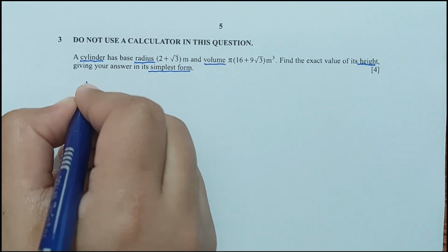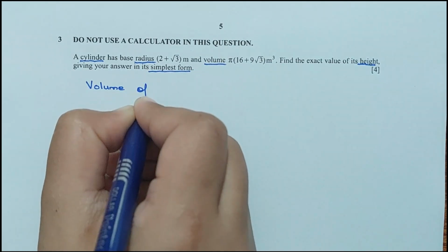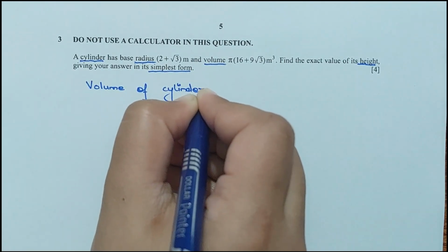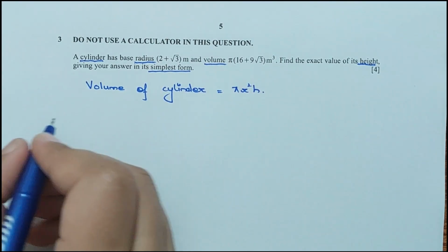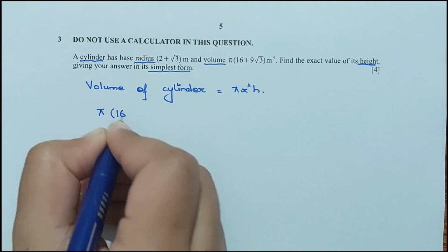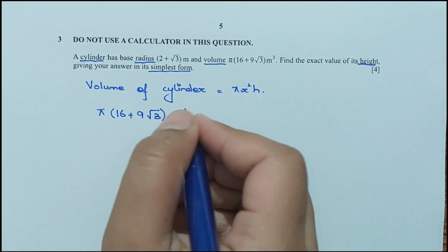As we know, the volume of a cylinder is equal to pi r squared h, right? So the volume we have been given is pi into (16 plus 9 root 3) meters cubed.